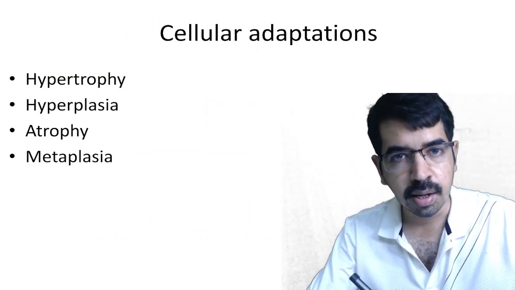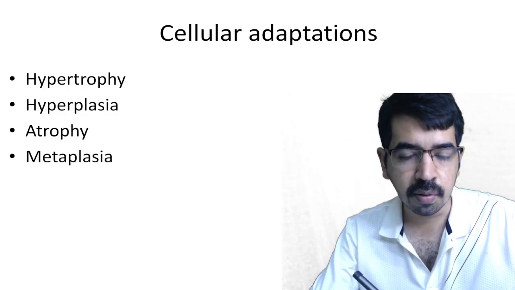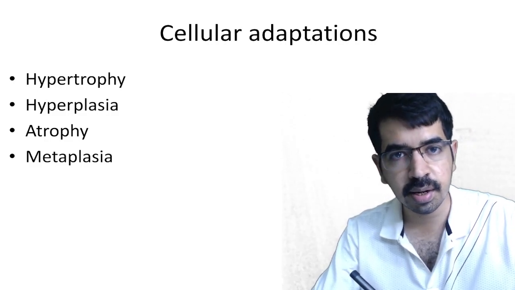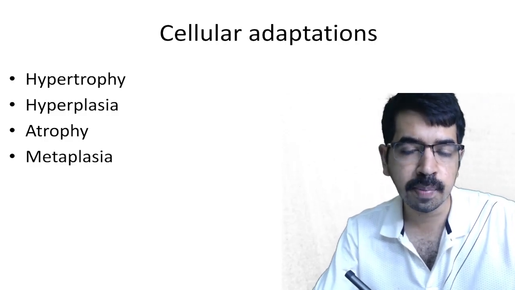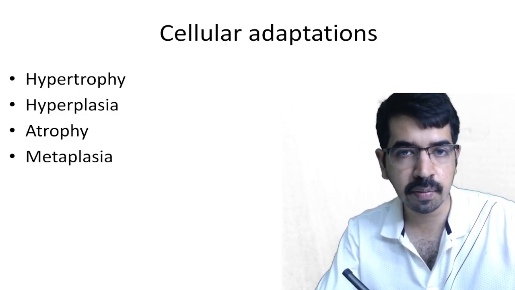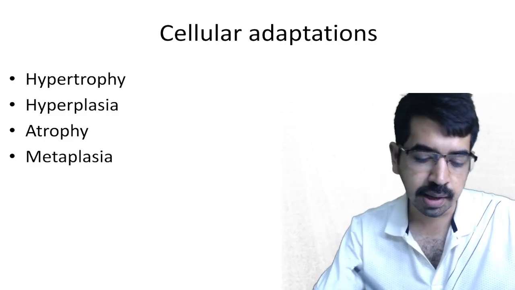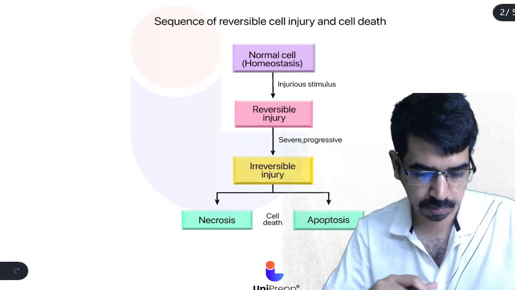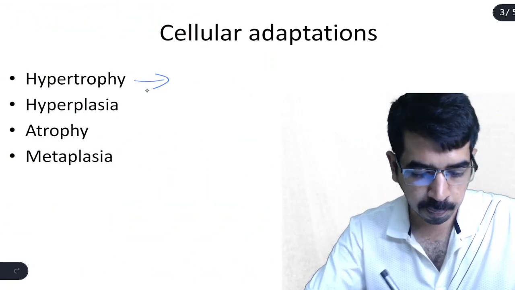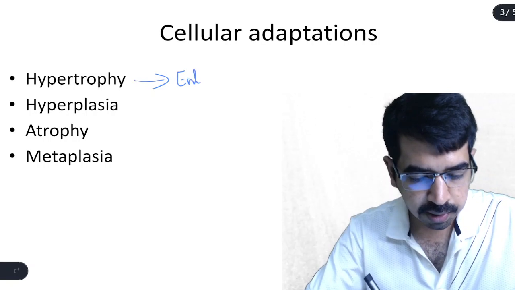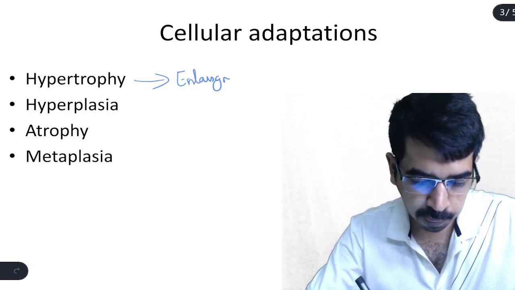First one is hypertrophy. Hypertrophy is the increase in size of the cell, increase in size of the organ due to increase in size of the cell. They are post-mitotic cells. They are not capable of dividing. The examples include enlargement of skeletal muscle during exercise.